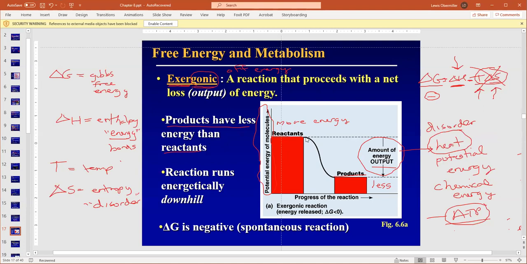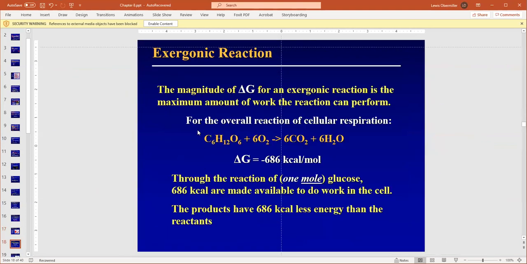You can think of a rock rolling downhill on its own. So this is a spontaneous reaction, and that means the delta G has to be negative. If it's positive, it's not spontaneous. Energetically, things go downhill. It's the natural way, like rocks or water going downhill. Okay, here's an example of this.